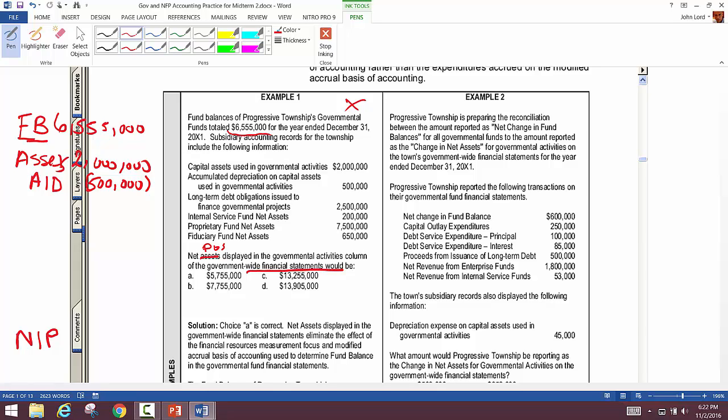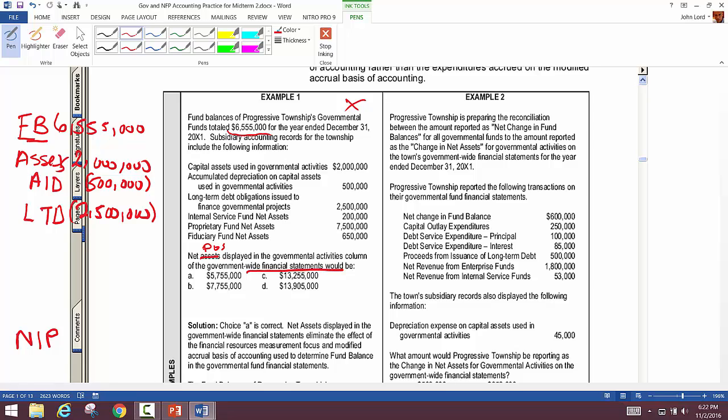Okay, good. Then I have this long-term debt. What do you want me to do with the long-term debt? I'm going to subtract it to get to my net position, right? At the government-wide level? Because I wasn't reporting long-term debt at the individual fund level, but I do report it at the government-wide level, so I subtract that. Then they give me my internal service fund net assets.